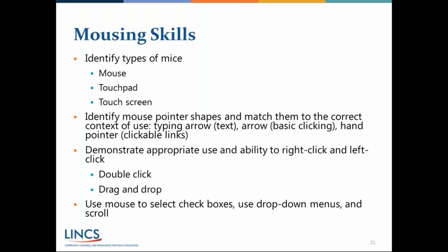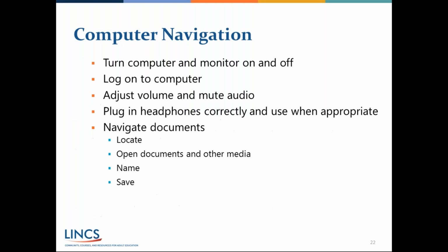The double click, the drag and drop. And that's why there are so many free opportunities online to practice the double click and drag and drop, and using those features of the left click. Use mouse to select checkboxes, use drop-down menus and scroll. Also some features that are very basic for some users, a skill that needs to be practiced quite a bit for others.